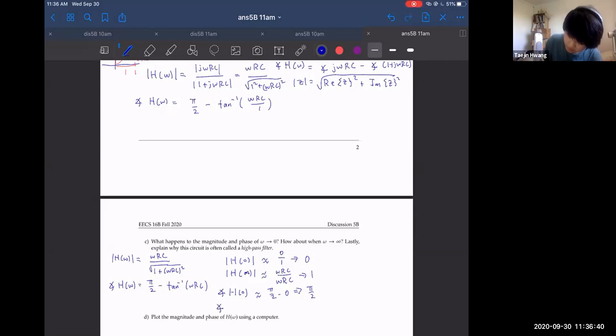And then lastly, for the phase at infinity, the arctan of something really, really large, as omega goes to infinity, will be pi over 2. These are just some properties from trig. So we're going to get pi over 2 minus pi over 2, and the phase is going to approach 0. Any questions so far on the math of what we've done?